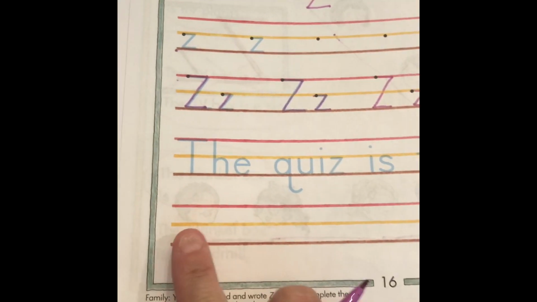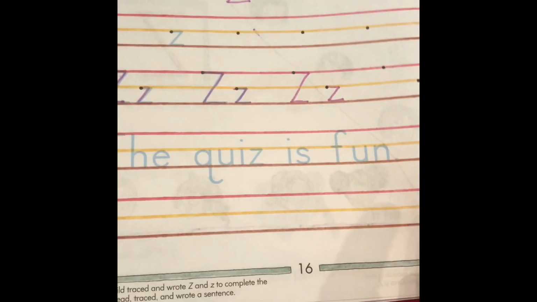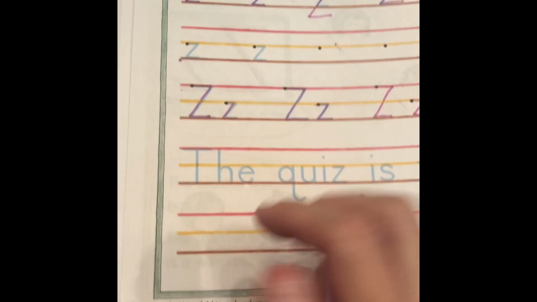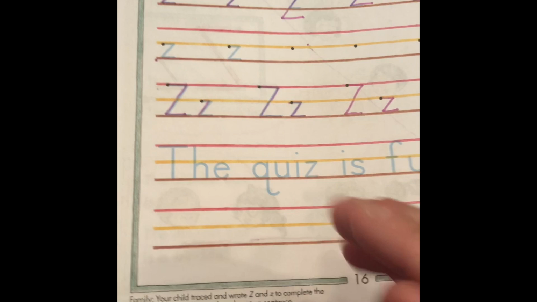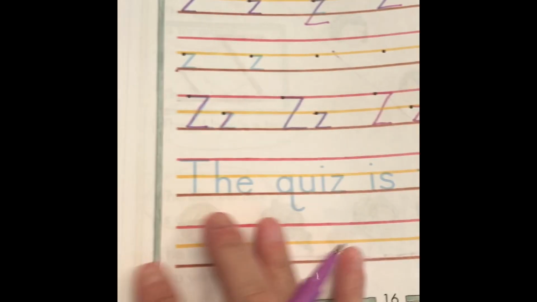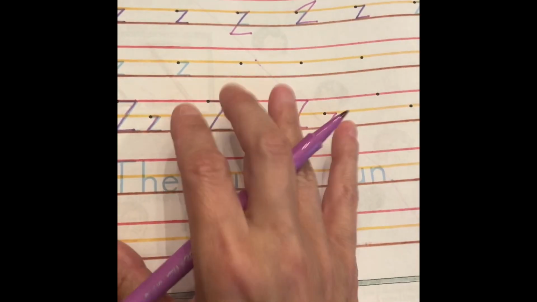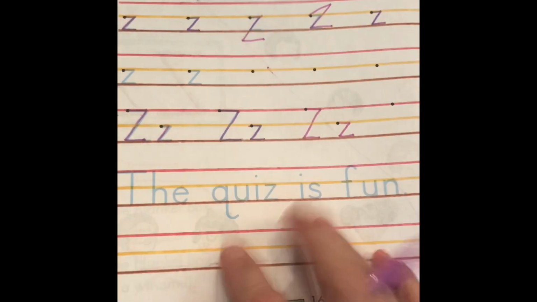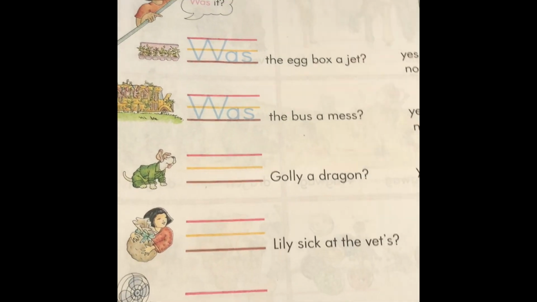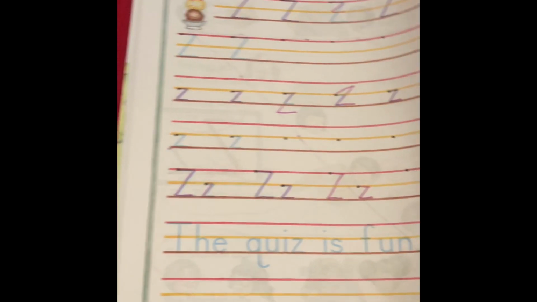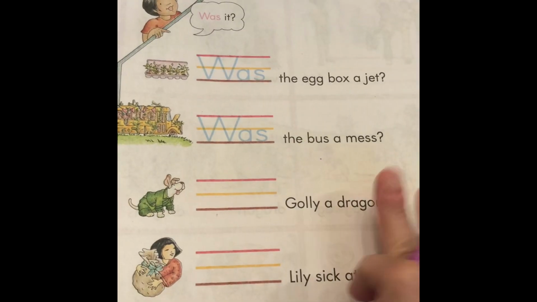And then I want you to write the quiz is fun with a period. And don't forget those spaces in between your words. Make sure that you have some spaces. I don't want your letters to run all together. All right, so practice your Z's, and then when you're finished, go ahead and turn to page 17. You can pause this video if you need to work on your Z's, and then turn to page 17.